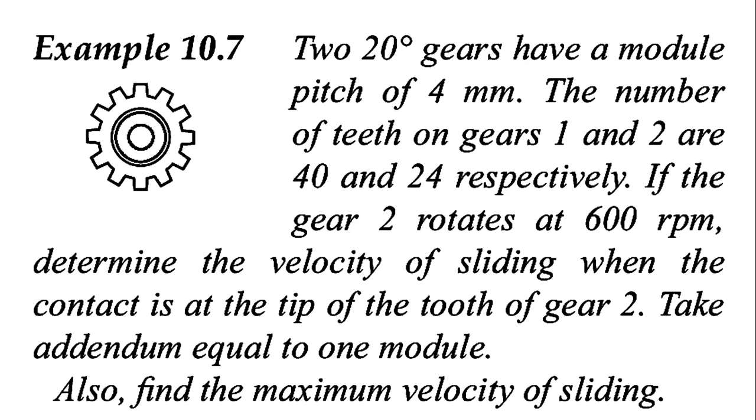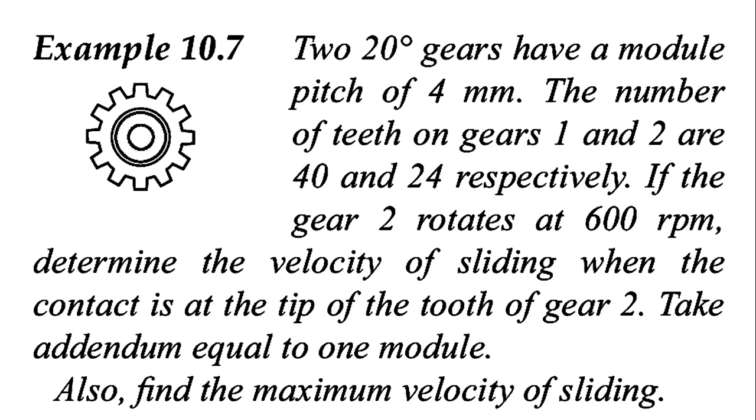So, next problem. You can see two 20-degree gears have a module pitch of 4 mm, and the number of teeth on gears 1 and 2 are 40 and 24 respectively. So the number of teeth is given, and gear 2 rotates at 600 rpm, meaning the speed of the second gear is given.